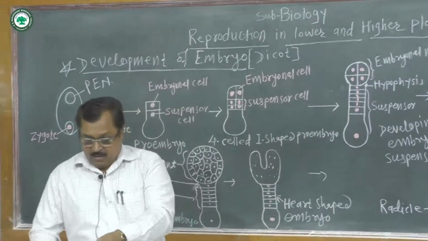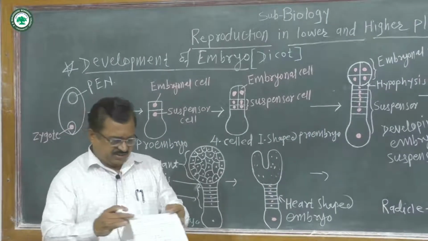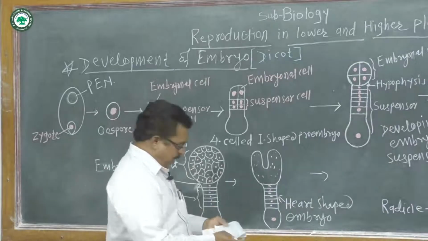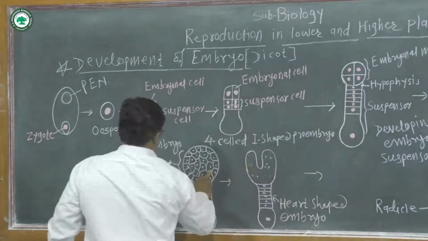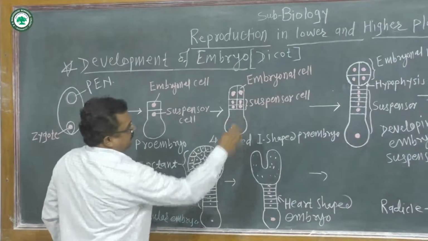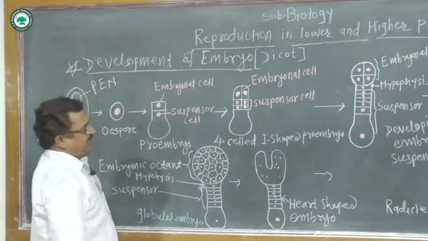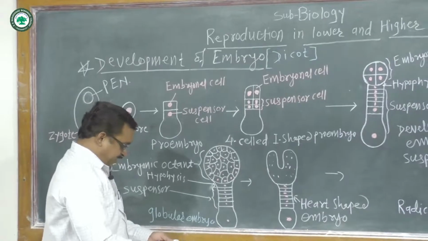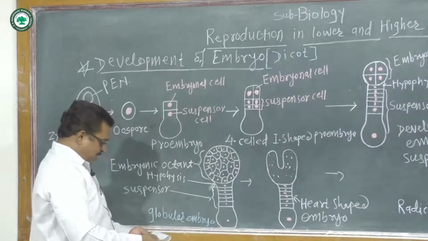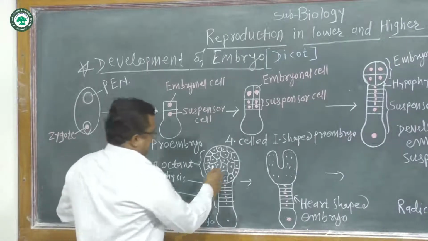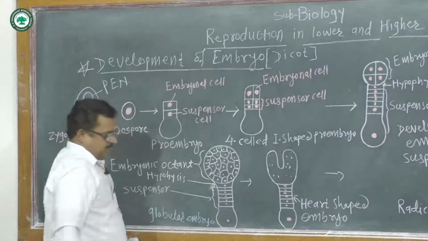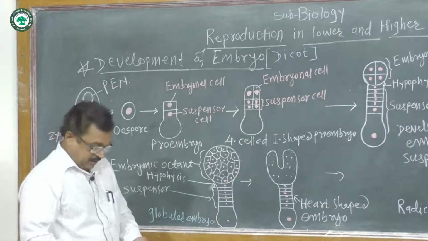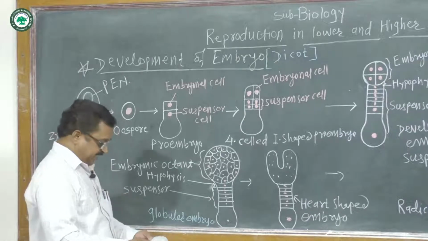Then the cells of the octant proembryo undergo periclinal division. This embryonal mass of cells divides to form an outer layer of eight cells and an inner layer, an inner mass of eight cells.